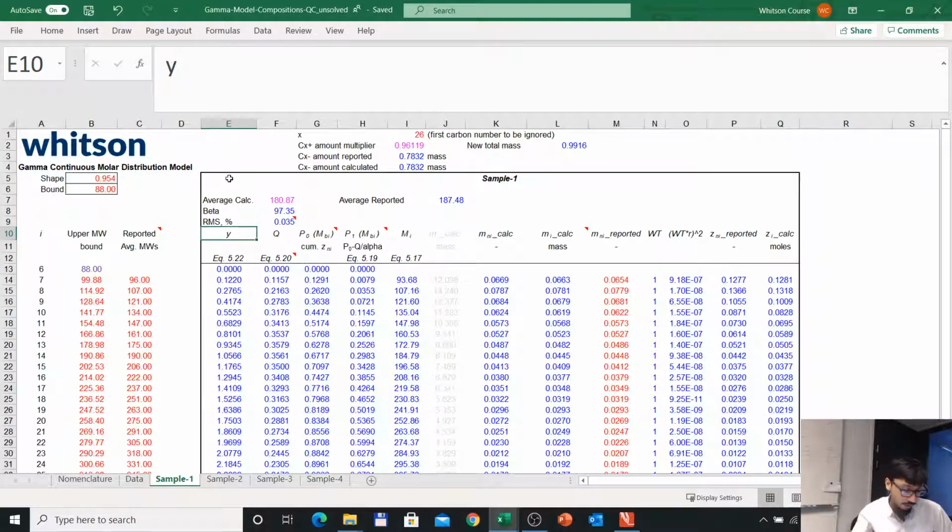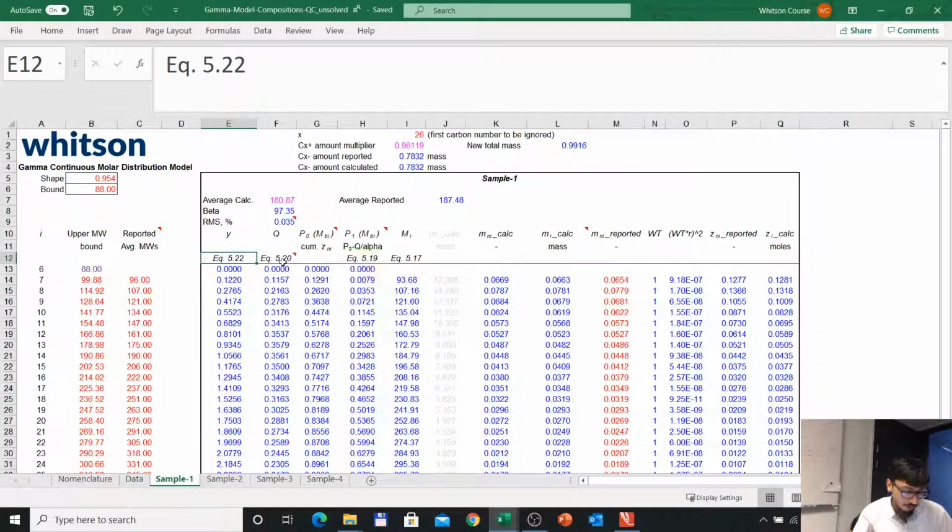For example, this y function, q function, p0 function, p1 function, these are the different terms or functions being used to program the gamma distribution model, and these are given in the equations in the monograph, equations 5.22 and 5.20.